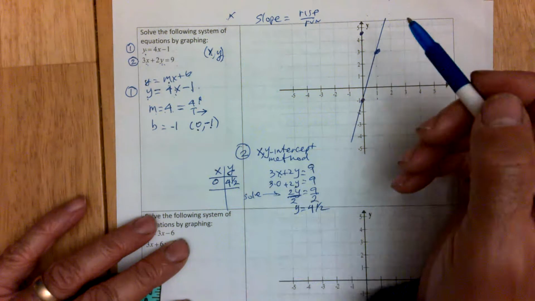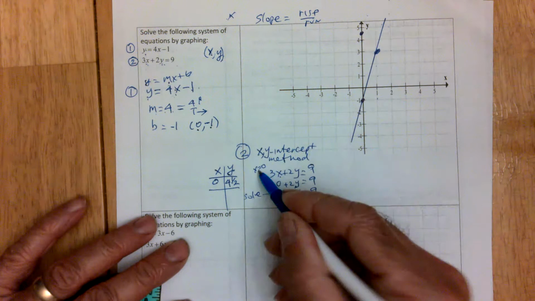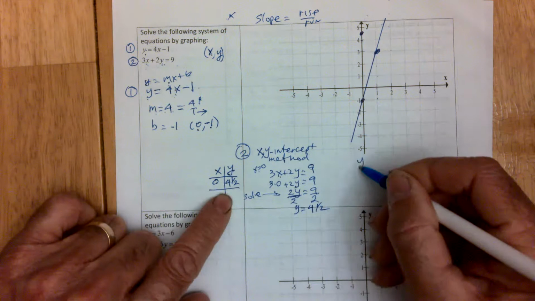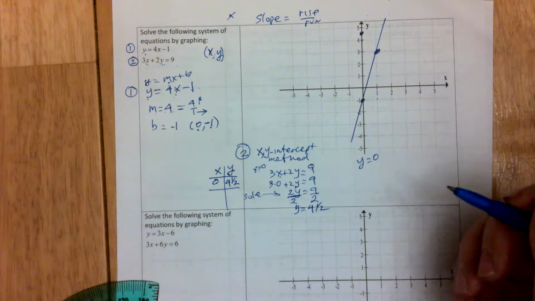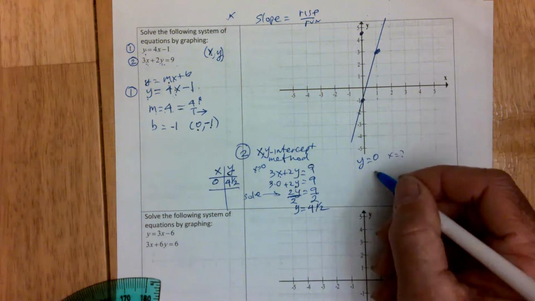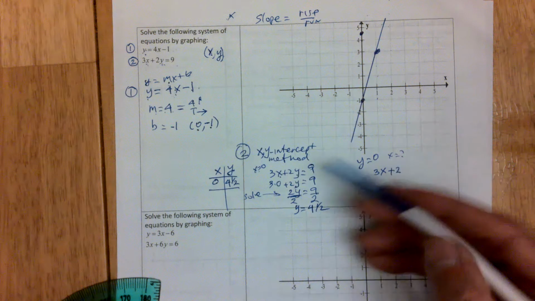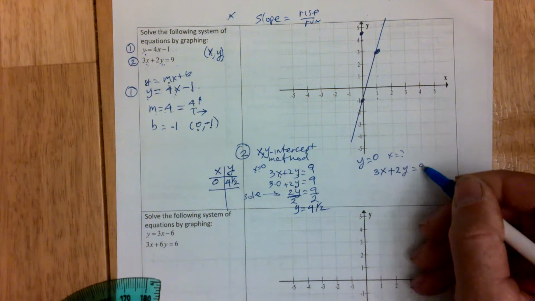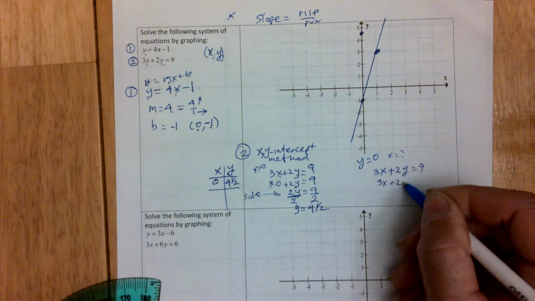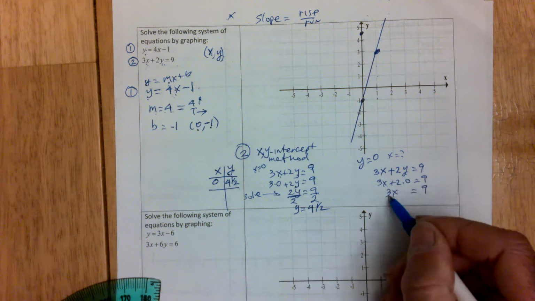But we need 2 points to graph it. So the next one, see here we found x equals 0 and found y: (0, 4.5). For the next one, we say y equals 0, and we're going to find x. So we're going to take 3x plus 2 instead of y, and replace that with 0. 3x plus 2 times 0 equals 9. 3x equals 9.